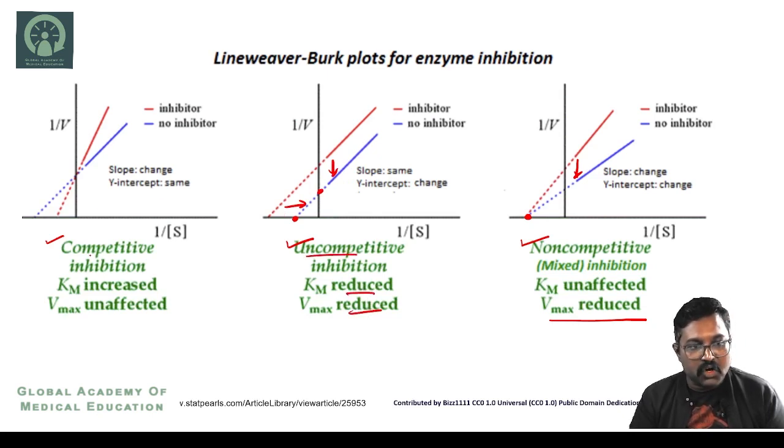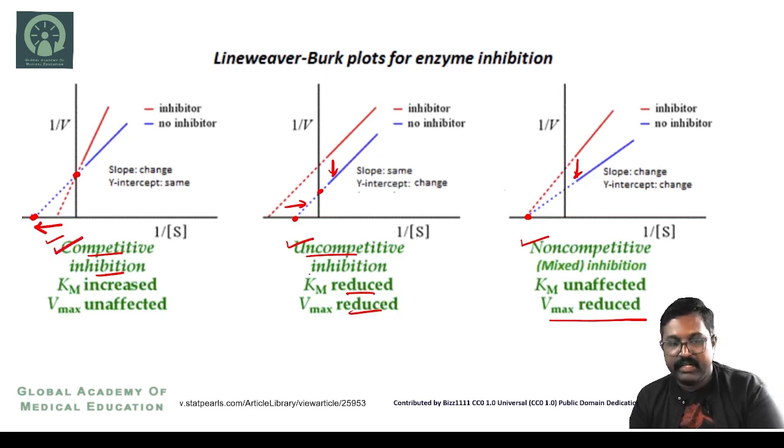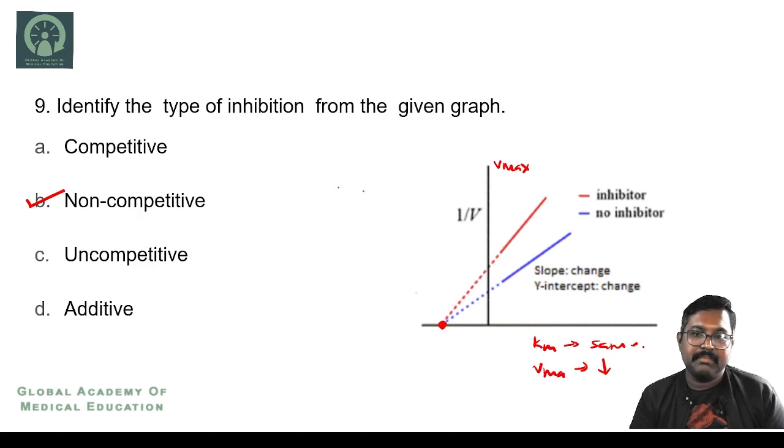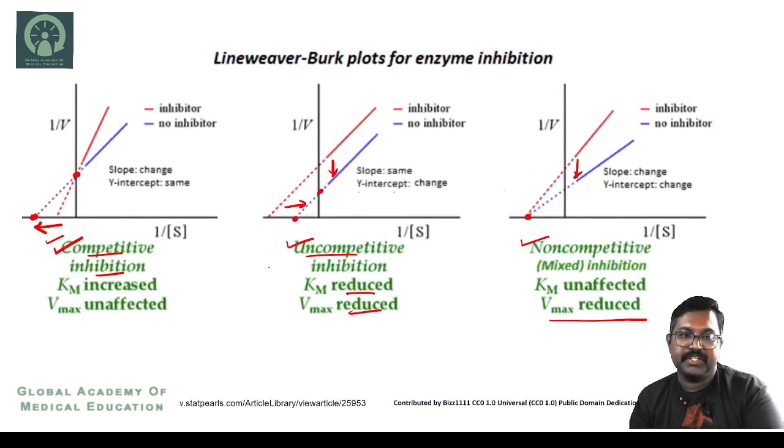Whereas in case of competitive inhibition, as you can see, there is an increase in the Km. What happens to the Vmax? Vmax remains unaffected. So Km is increased and Vmax is unaffected. Then the graph will be the example for the competitive inhibition. So here the example for the type of inhibition for this graph is the non-competitive type of inhibition.